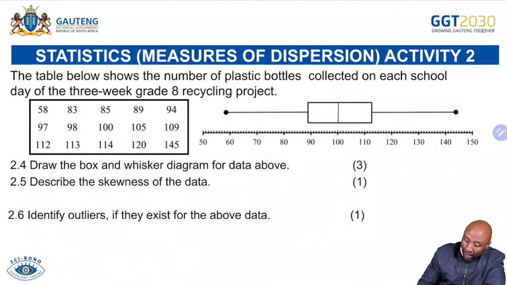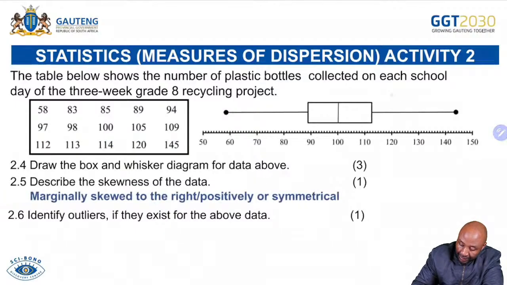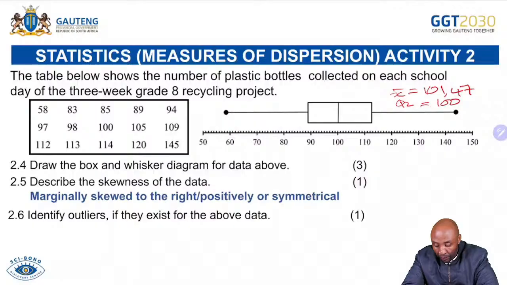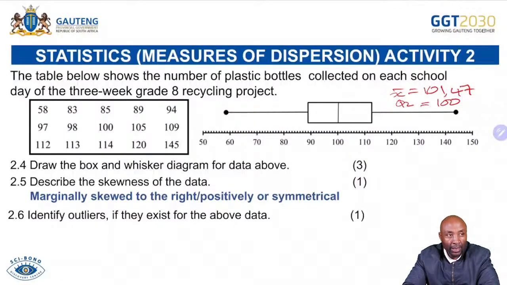We got our mean as 101,47, and our median, which is our Q2, is 100. And if we look at that difference, it's so small. So we can just say it's marginally skewed to the right, or we can say it's positively skewed marginally, or we can even say it's almost symmetrical.